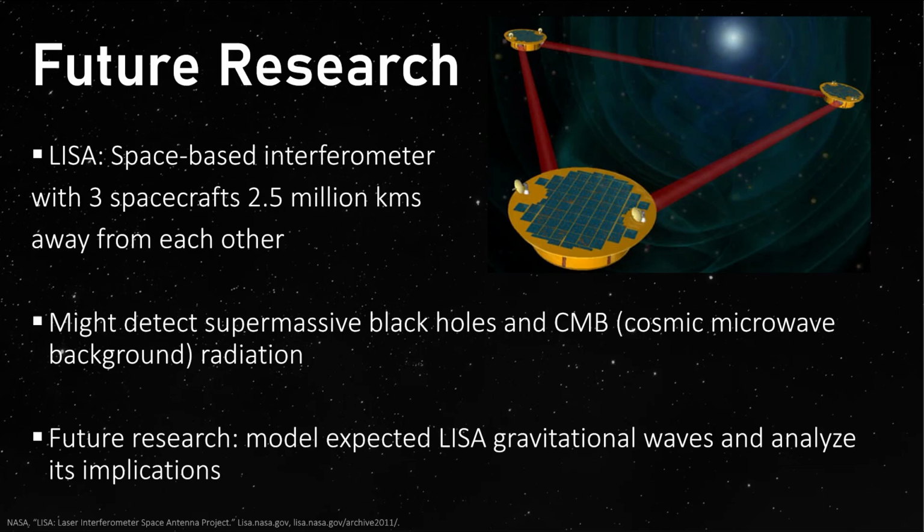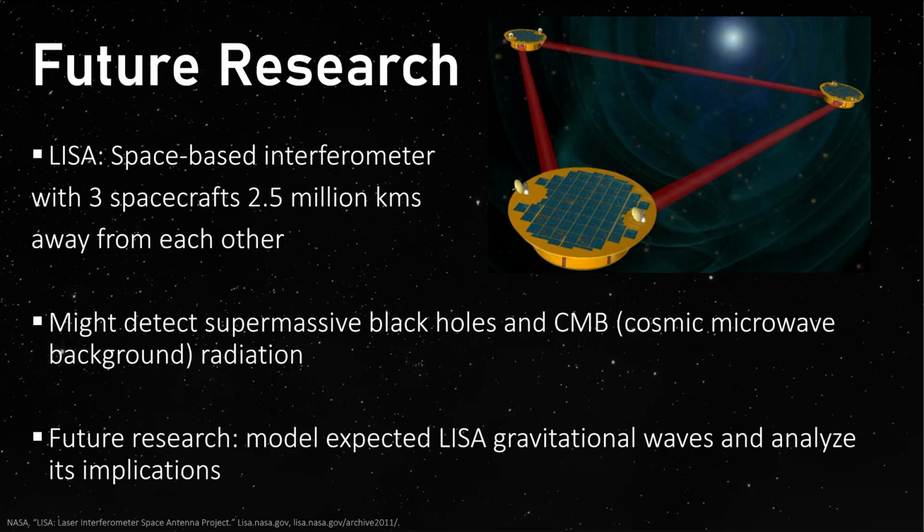I believe a good area for future research is LISA. It's a space-based interferometer made up of 3 spacecraft that are 2.5 million kilometers apart from each other. Its lasers will travel about 2,000 times farther than those in LIGO, allowing it to detect much weaker gravitational waves, potentially from supermassive black holes, which are the black holes in the center of our galaxies, and even cosmic microwave background.